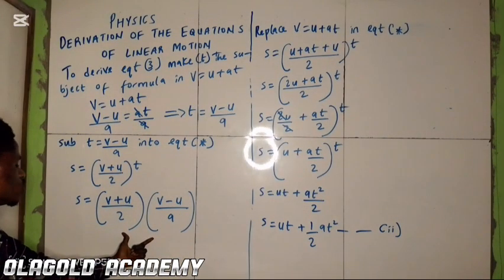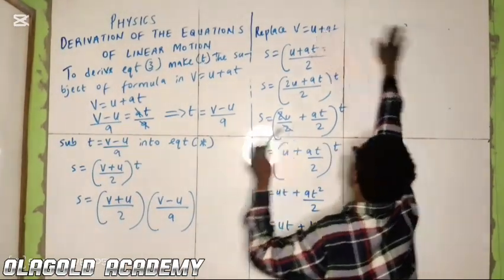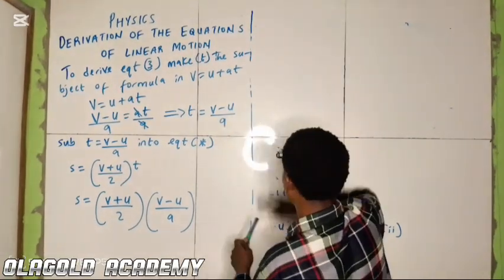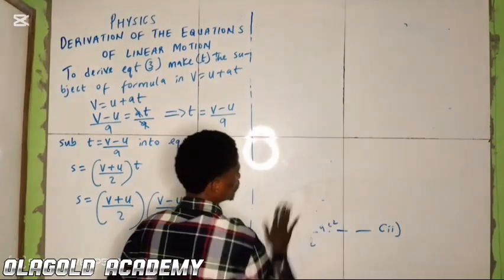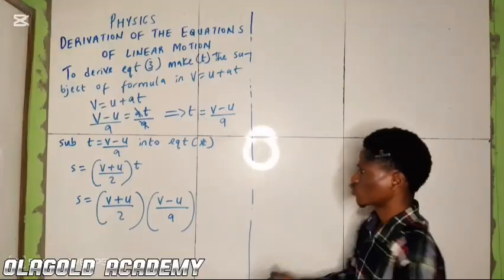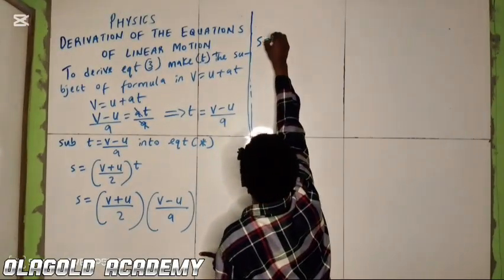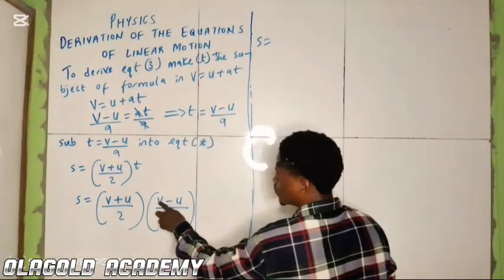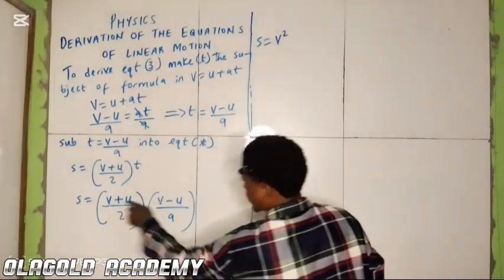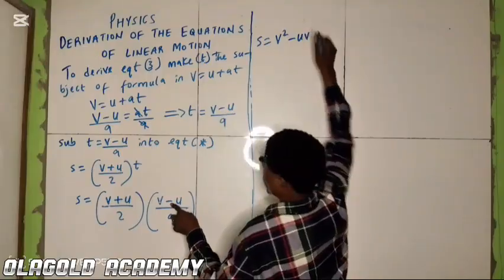Our next task is to open the bracket. So we're going to have S equals V times V gives us V squared. V times minus U gives us minus UV.